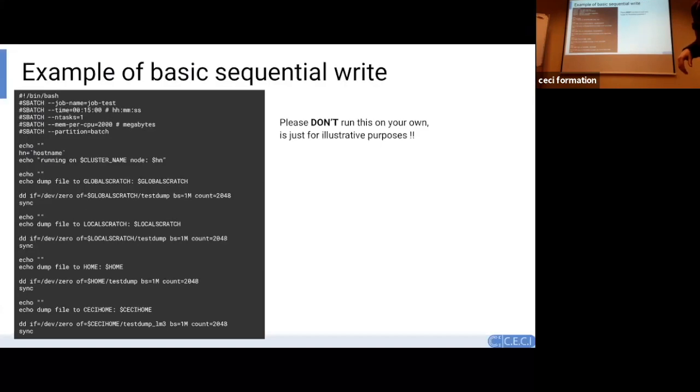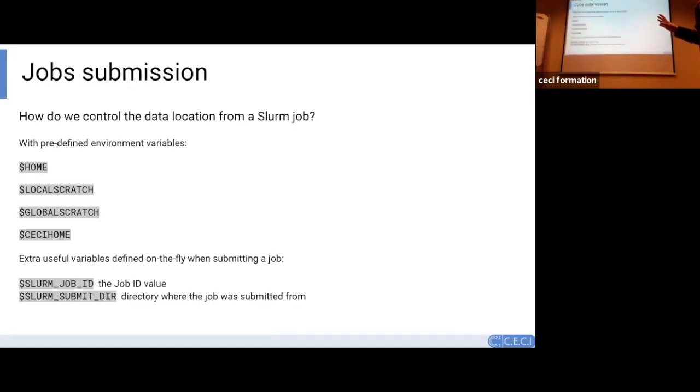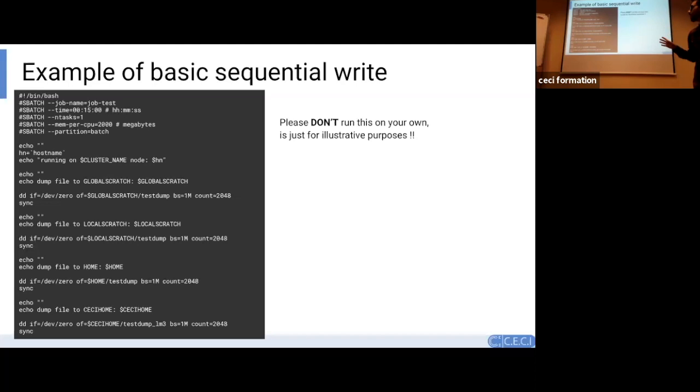And here, before the example itself, I show a job I ran that you should not run. I'm just dumping a big file. It's the same command I showed at the beginning, doing a sequential write of a 2 GB file.